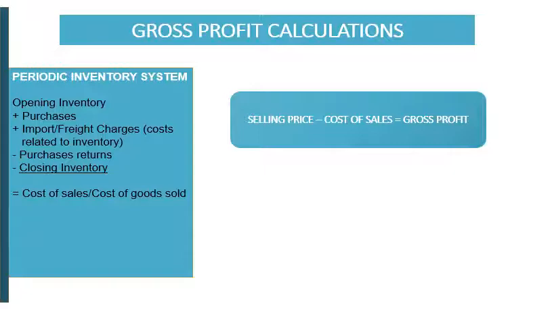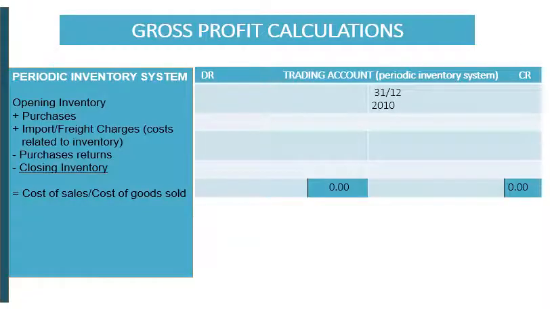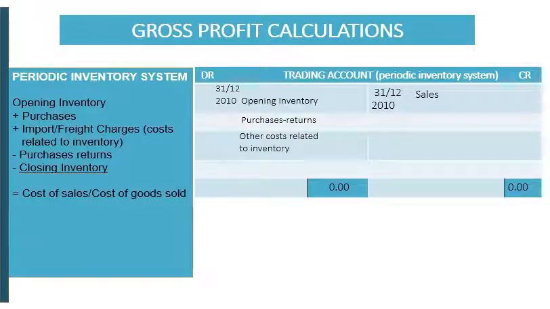In preparing the trading account using the periodic inventory system, the following cost element will be shown in the account as follows. At the end of the period on the credit side, we will reflect the sales. On the debit side, we will reflect the opening inventory, the purchases less returns, the import duties, the freight charges, and all other related costs to inventory will be shown on the debit side.